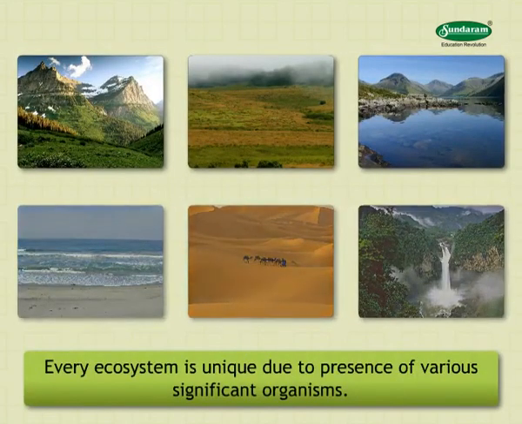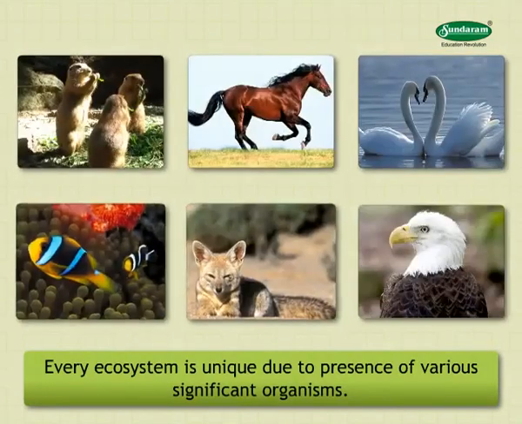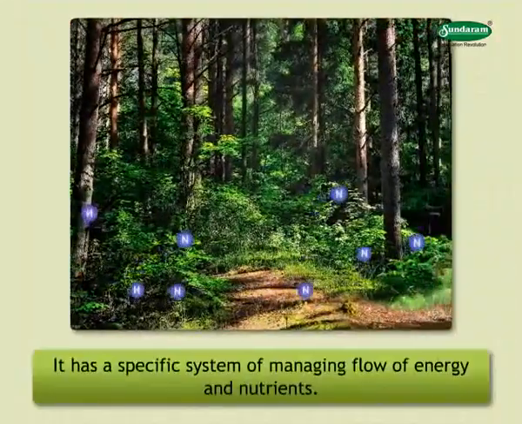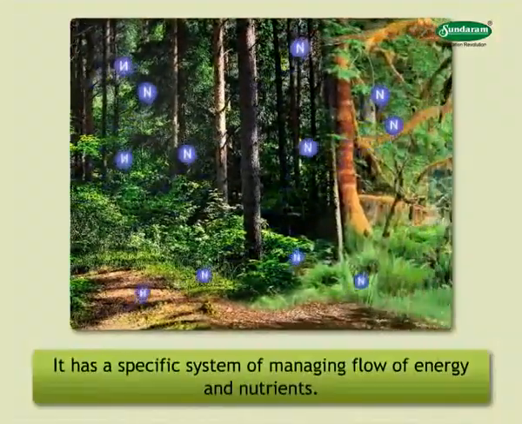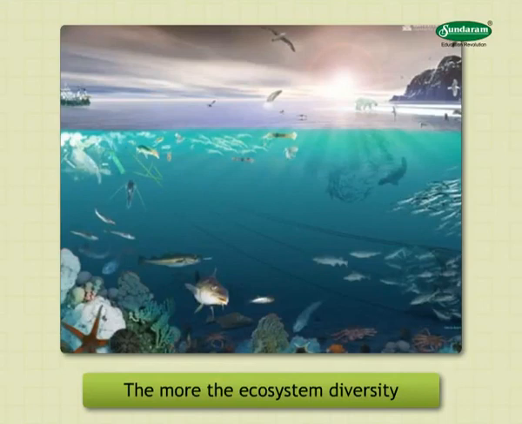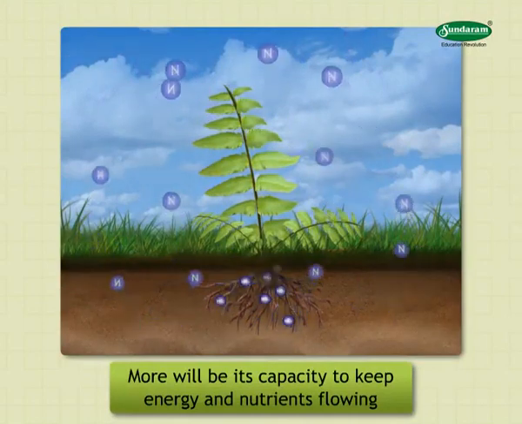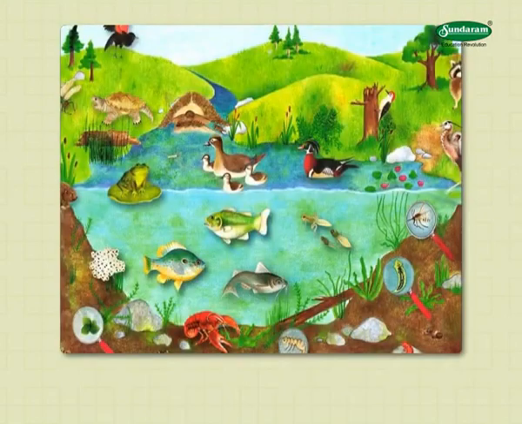Every ecosystem is unique due to the presence of various significant organisms. It has a specific system of managing the flow of energy and nutrients. The more the ecosystem diversity, the more will be its capacity to keep energy and nutrients flowing.